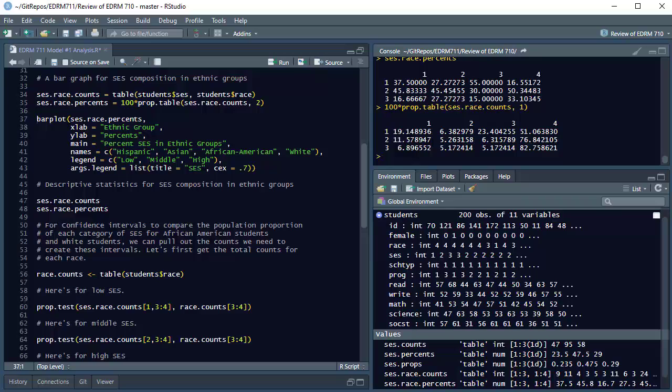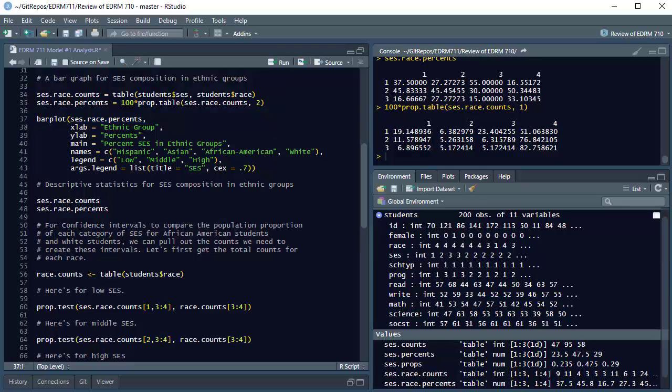So if I had done it this way with a 1, I would have said, hey, that's wrong. And then I would have tried it with a 2. If that still didn't work, I might need to go back to line 34 here and switch the order of race and SES. So there's no shame in trying different things until you get it right. Now, once I've got it right, I can put in my SES race percents in my bar plot.